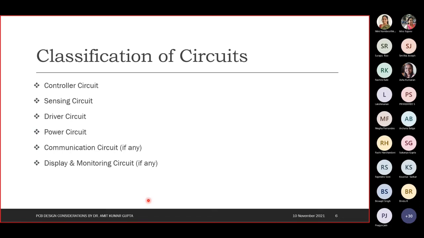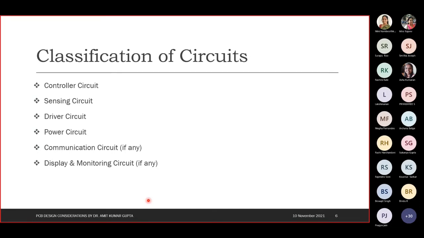The driver circuit is the one which is going to drive the power devices. So they are different from the controller and power. Then the power circuit, the main power circuit, is usually what we see on paper, like an inverter with 4 switches or a buck converter with 2 switches, inductor, capacitor.